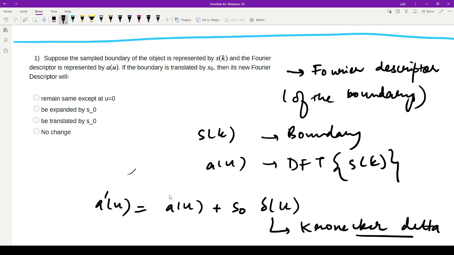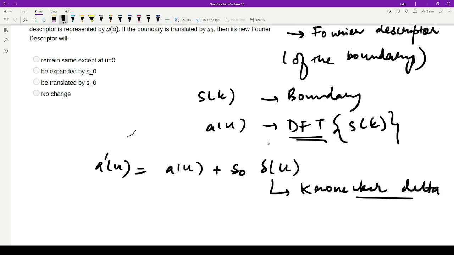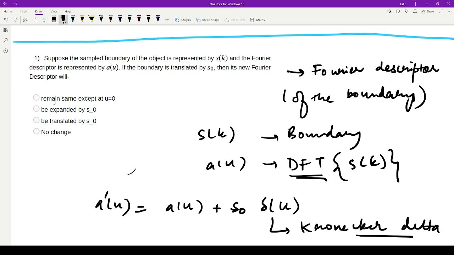Kronecker delta means we are doing it in the discrete domain because we are taking the DFT. So the right answer is this one: it remains the same except at u equals 0, where the s naught term gets added.